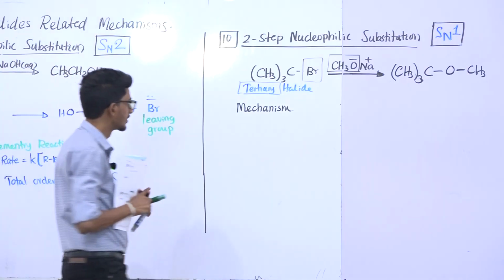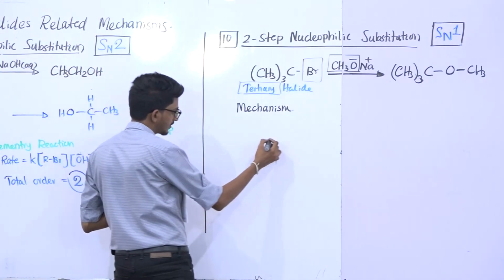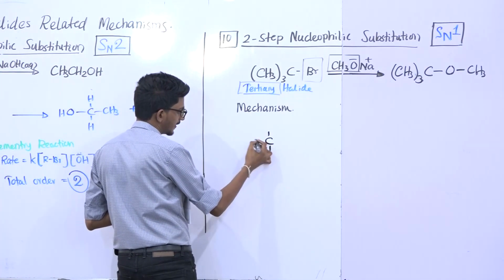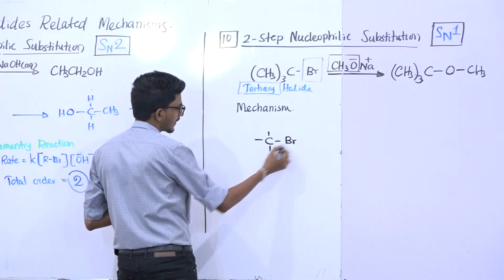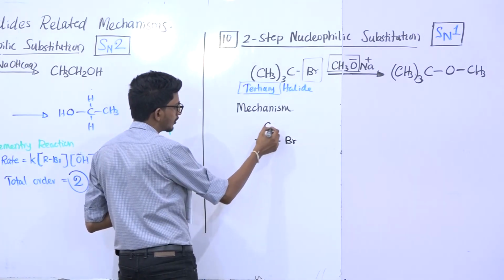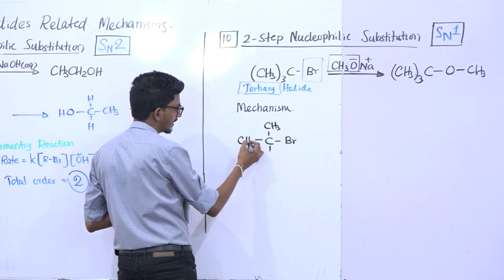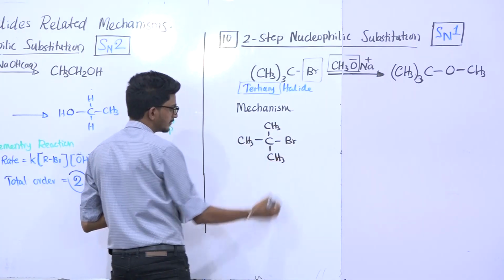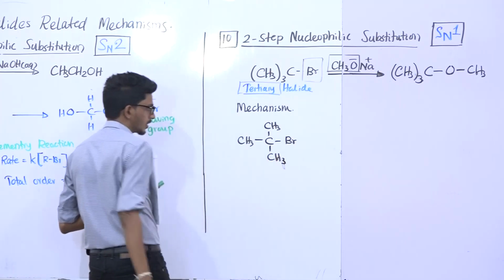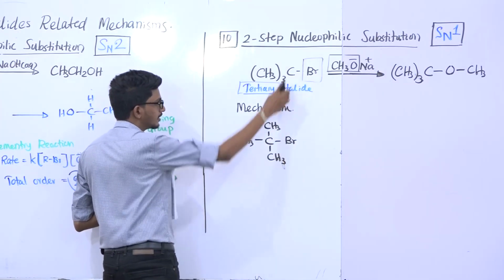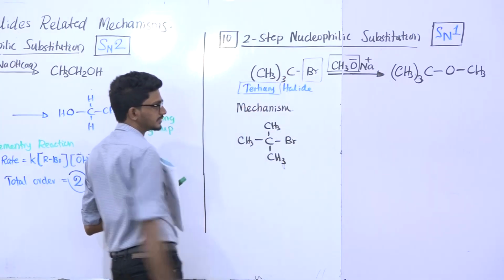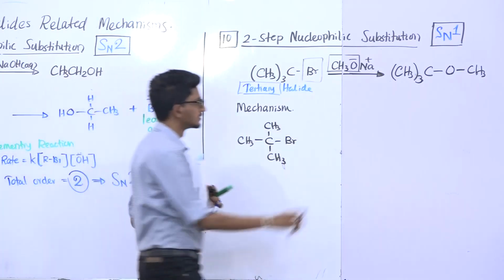So let's write those. First of all, display all the bonds of the carbons involved in bond breaking and bond forming. If you write like that, it is very easy to come up with the mechanism. So I have displayed all the bonds of the carbon which is involved in bond forming and bond breaking. This carbon, right?